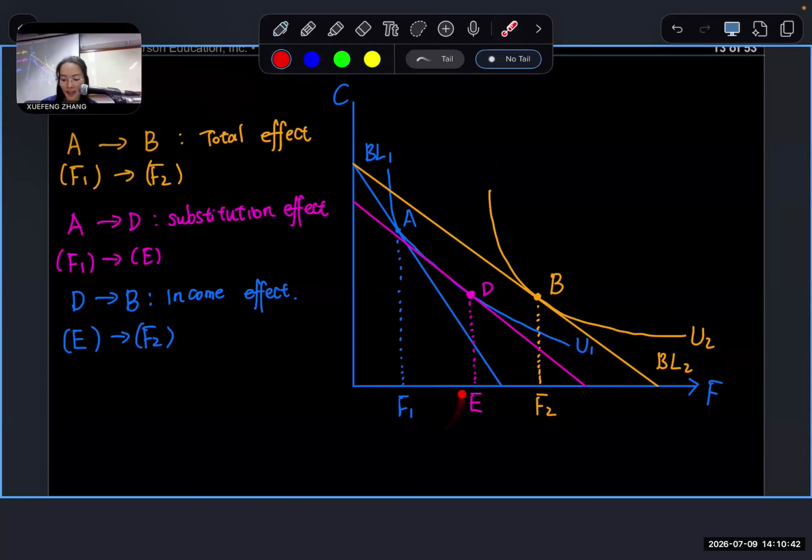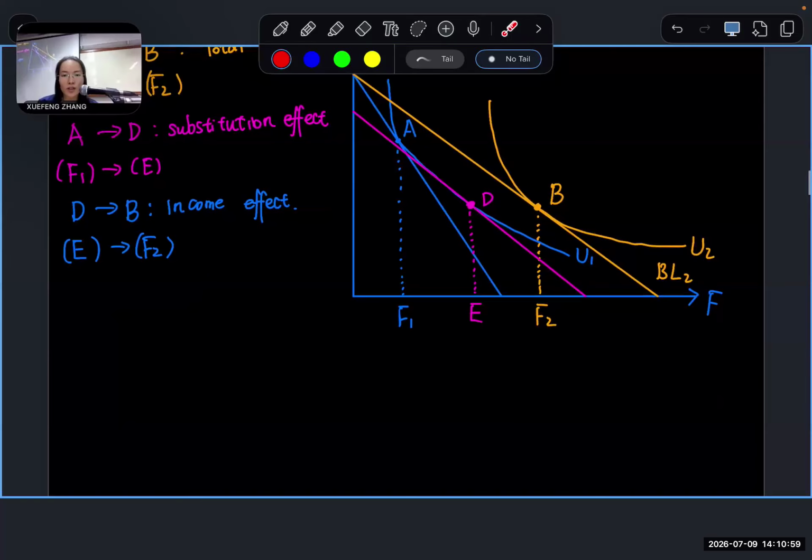So basically here, we decompose the total effect from A to B, from F1 to F2, into two parts. The first one, F1 to E, is the substitution effect, and E to F2 is the income effect.